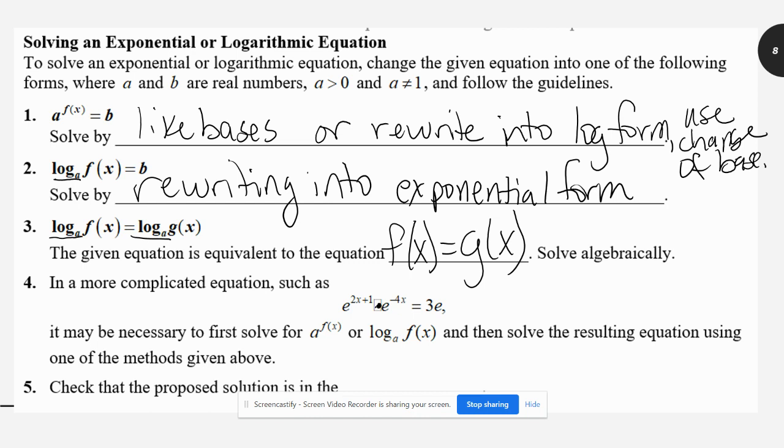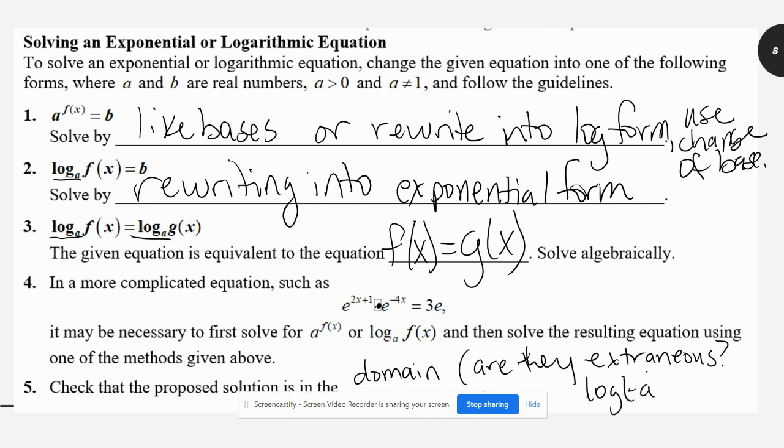And then we need to check that the proposed solution is in the domain of the log, meaning, are they extraneous? Because the log of a negative value is undefined or imaginary.